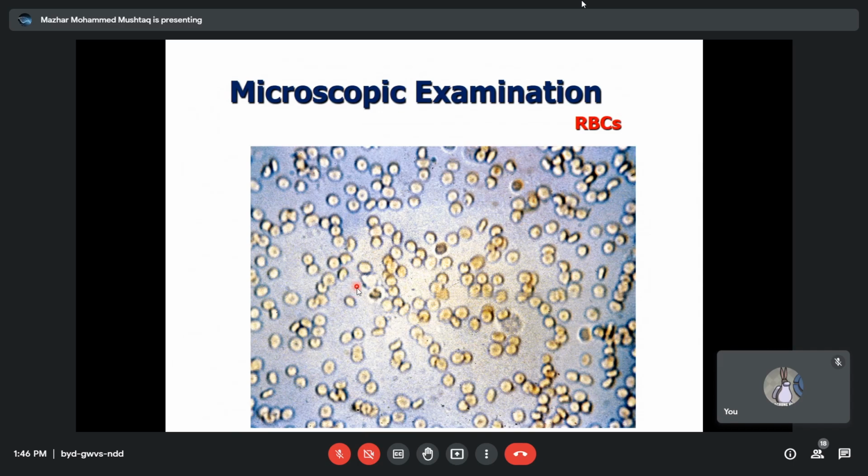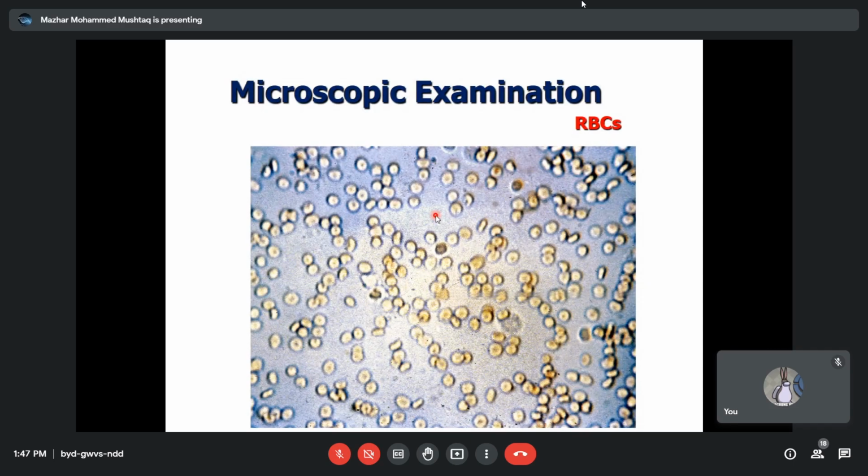So that means what? These red blood cells are not necessarily coming right from the kidney. They can be coming from anywhere downstream, because when the red blood cell passes through the loop of Henle, mostly they are broken up. They will no longer be in normal shape.